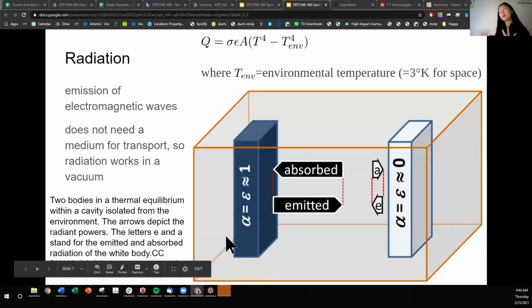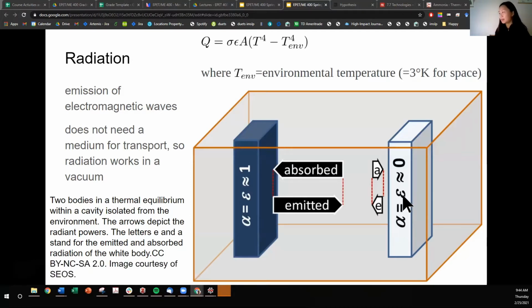They call it a perfect black body. A white body has an alpha, or absorptivity, and an epsilon, emissivity, of about 0. Now in reality, we don't have perfect black bodies or perfect white bodies, but we do make certain assumptions, and where possible, we measure these properties when doing more refined simulations.